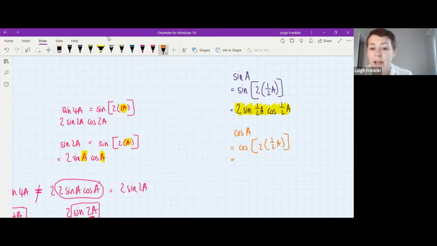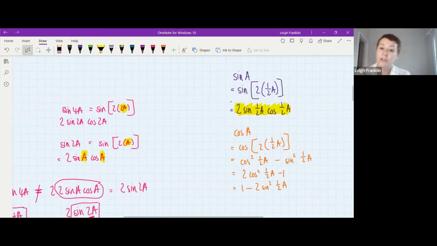So this can be written as cos squared half A minus sine squared half A. Or we can write it as 2 cos squared half A minus 1, or we could write it as 1 minus 2 sine squared half A if we needed to. So just bear those ones in mind as well. Grade 12s, you will definitely see that somewhere in your journey with trig.